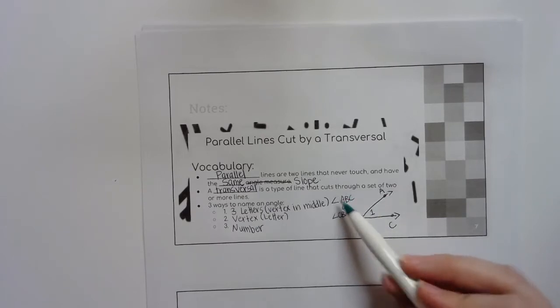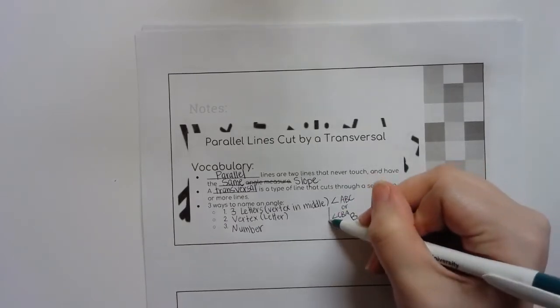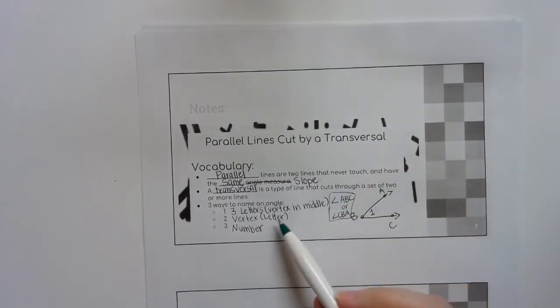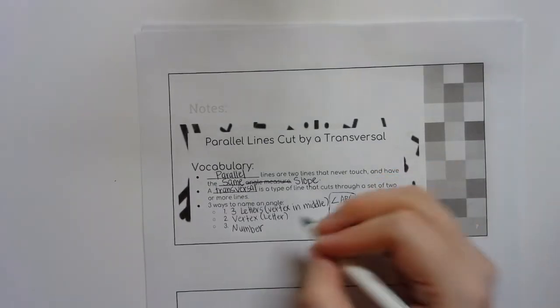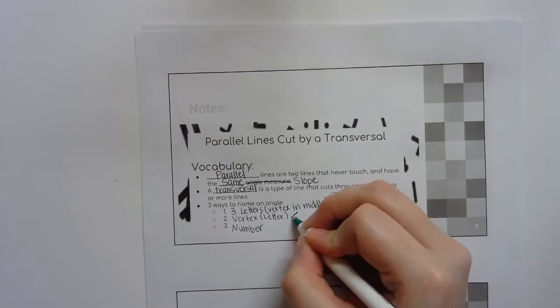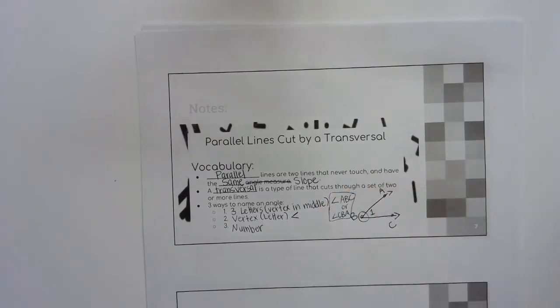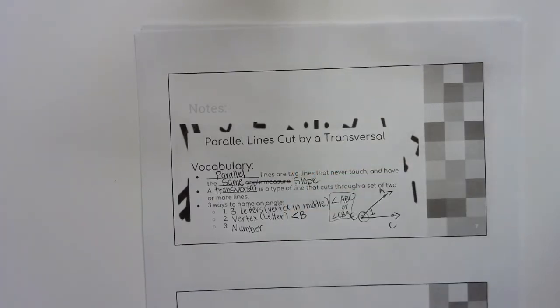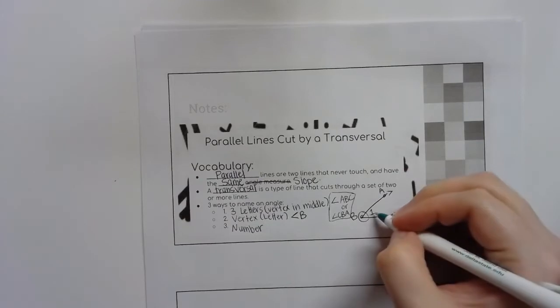So either one of those would work for the 3 letters portion. Okay, now if I were to use just the vertex, there's only one way I could say that with a letter. And the vertex is this one right here, this point right here, so that would just be angle B. And then with a number, that would be angle 1.